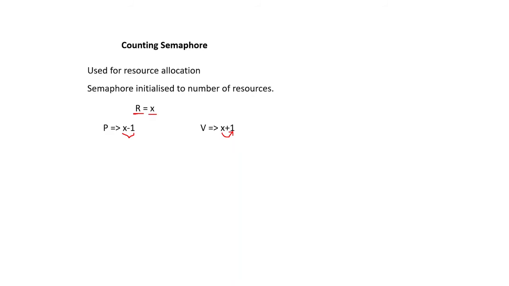So there were 3 available printers in the system, and another process X was using another printer. So once X is done, X will release the printer, and now the available printers in the system becomes 4. So this is how it works.